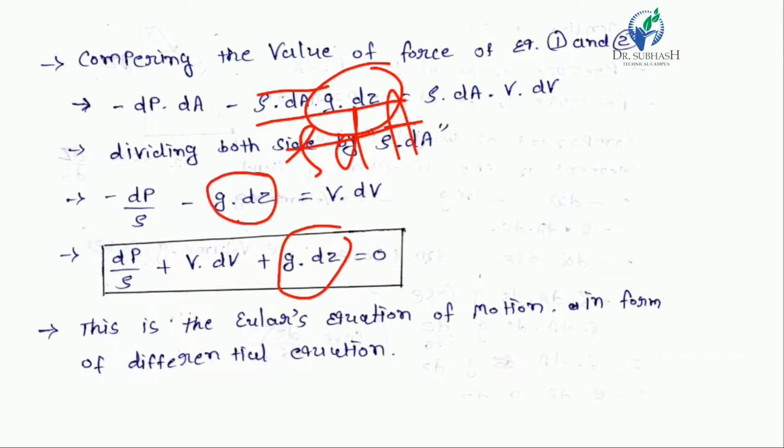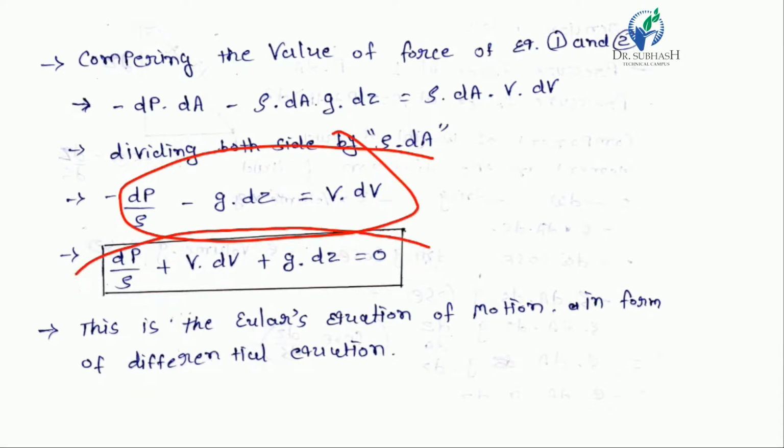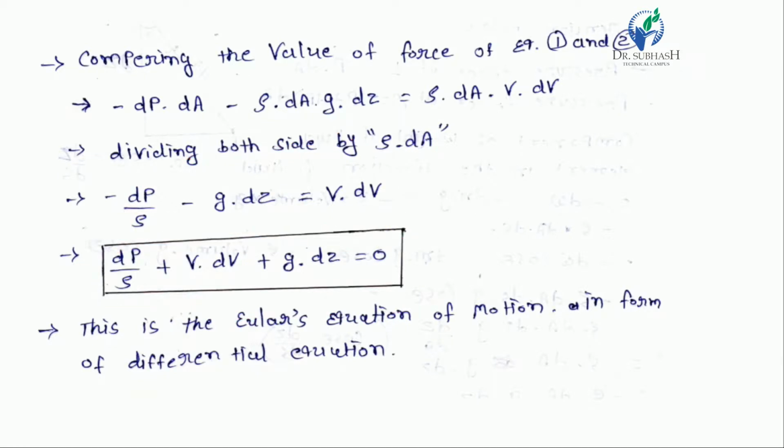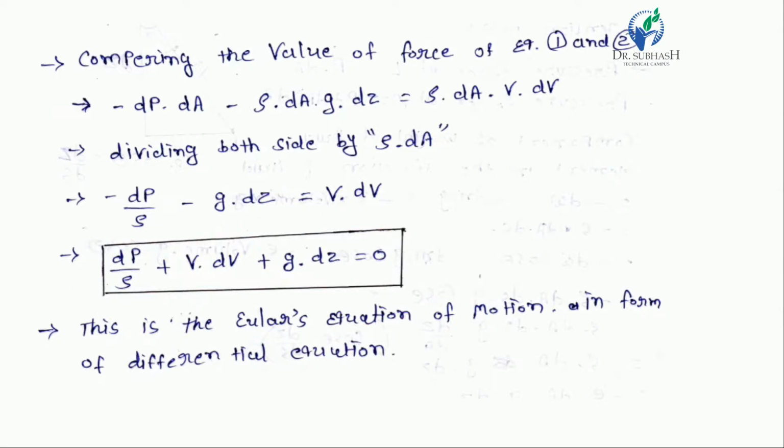On the right side, divide by rho dA, then rho dA cancels, so what remains is v dv. Now take all elements of the equation to one side: dp upon rho plus v dv plus g dz equal to 0. This is the Euler equation of motion.